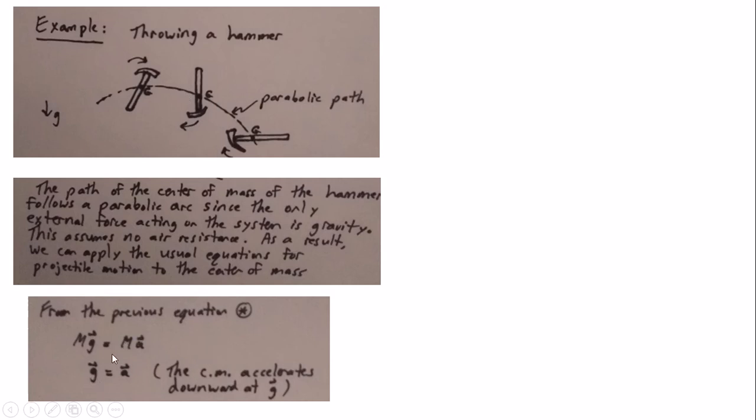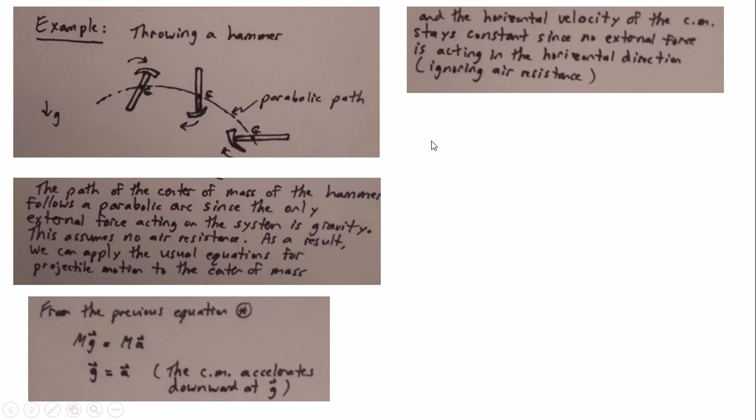Now, large M cancels out, and we're left with the acceleration vector of the center of mass of the hammer being equal to the gravitational acceleration, which means that the center of mass of the hammer accelerates downward at G. As well, the horizontal velocity of the center of mass stays constant since no external force is acting in the horizontal direction.